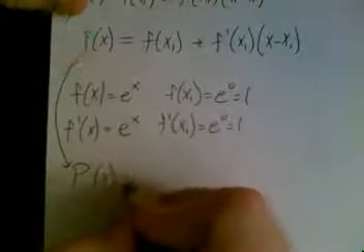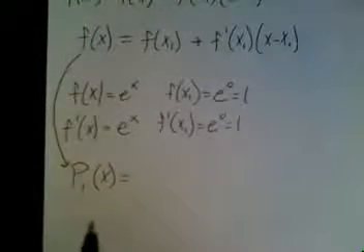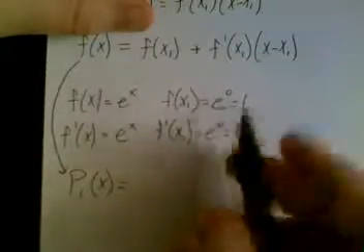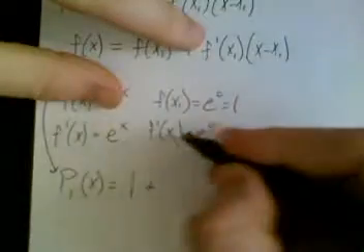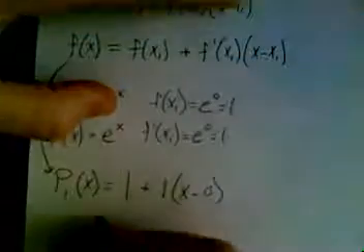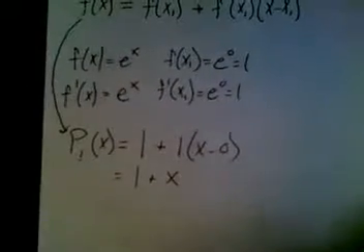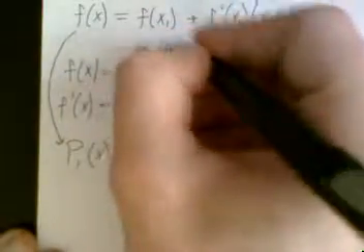P sub 1 of x, the linear approximating polynomial, is equal to f of x1, which is 1, plus the derivative at 0, which is 1, times x minus x sub 1, being 0. So this is really 1 plus x. That is the linear approximation of e to the x at the point 0, 1.